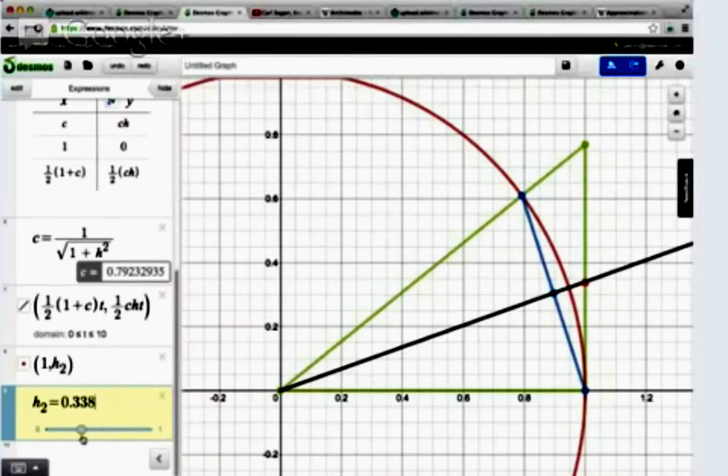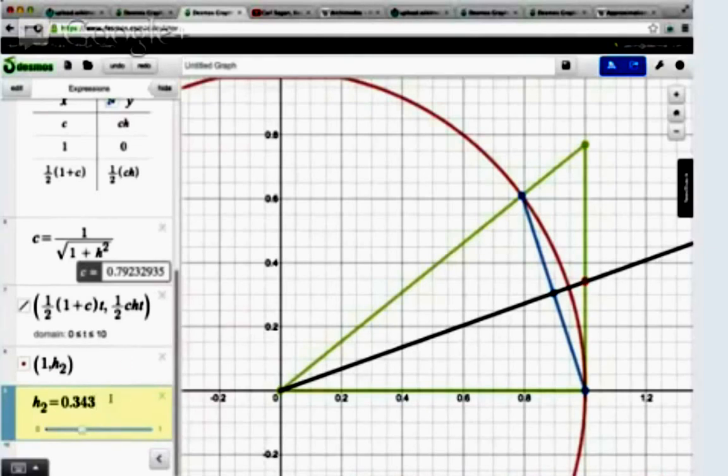Okay, so now this is one more time a ratio problem with triangles. We want to find the relationship between the blue midpoint that we already have and the red point that we're trying to find.